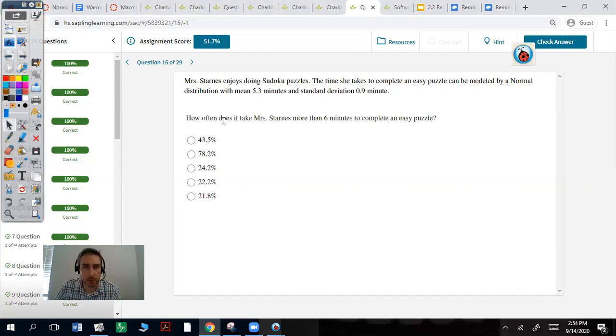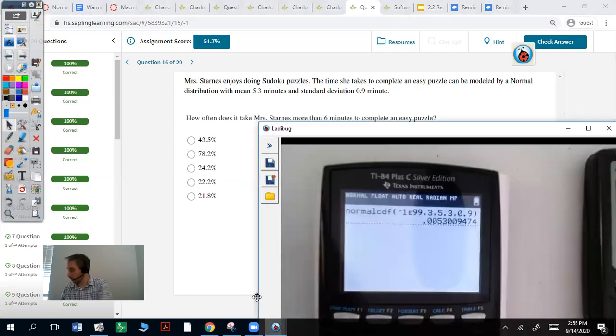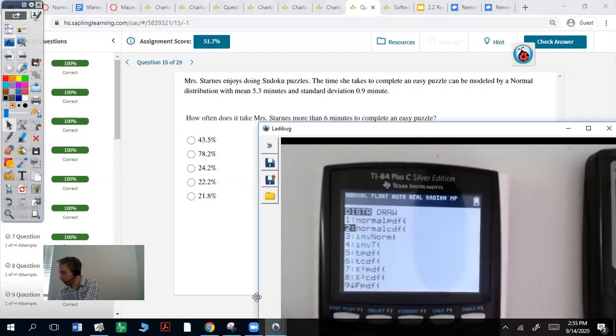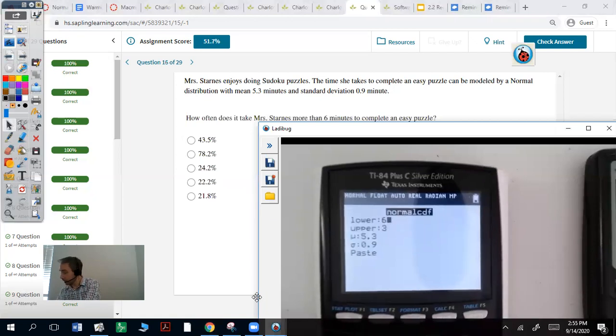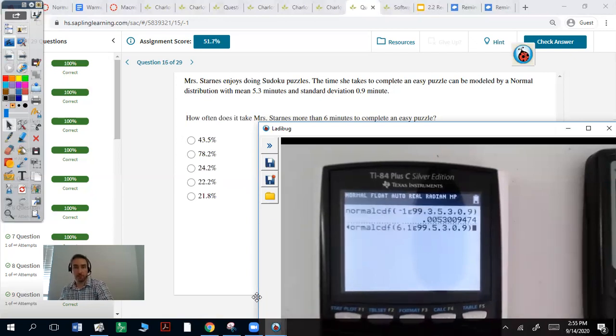Okay, the next one. How often does it take Mrs. Starnes more than 6 minutes? More than 6 minutes. So normal CDF, lower being 6, upper being positive infinity. Same mean and standard deviation. And that's a little bit bigger percentage. That's 21.8%.